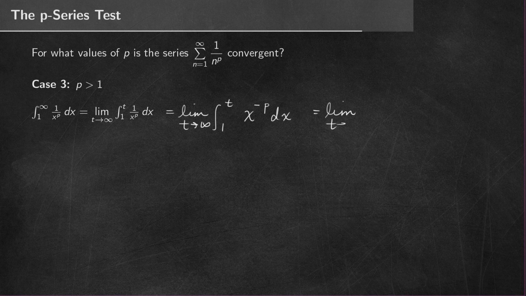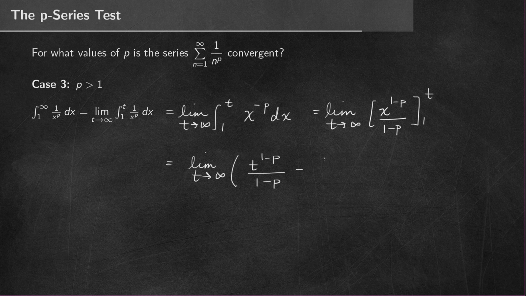So we get limit as t approaches infinity, x to the power negative p plus 1, or 1 minus p, divided by the new power from 1 to t. And evaluating that, we get limit t approaches infinity of t to the 1 minus p over 1 minus p minus 1 to the 1 minus p over 1 minus p.